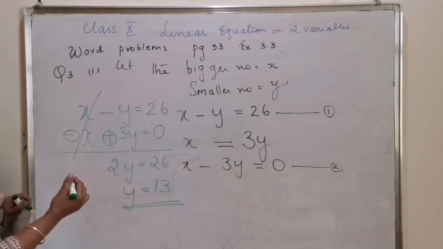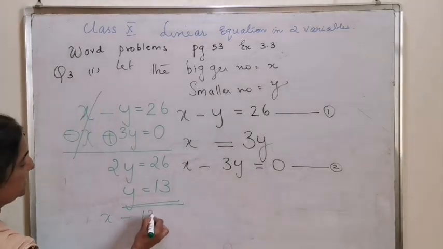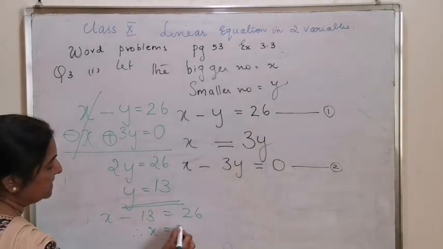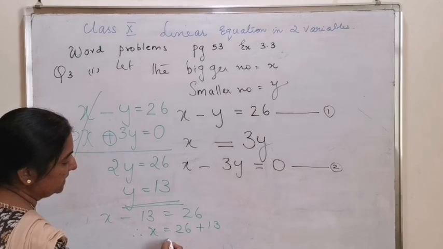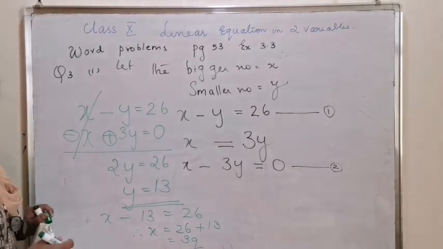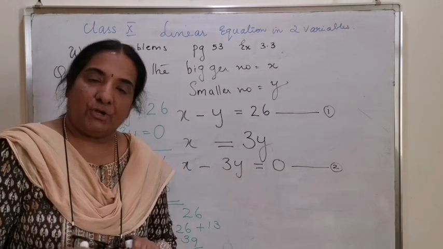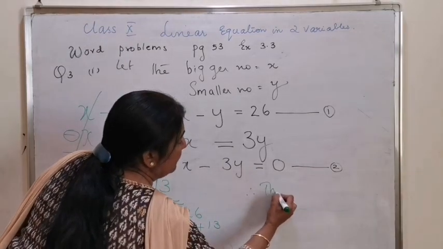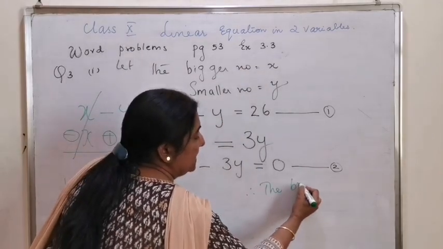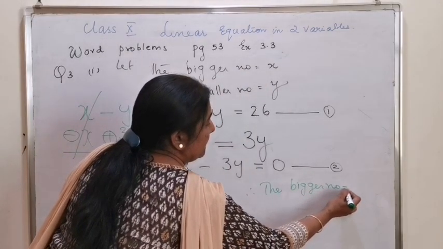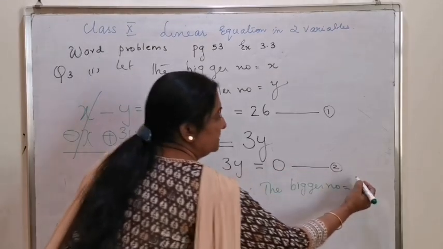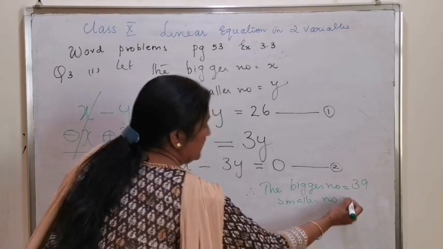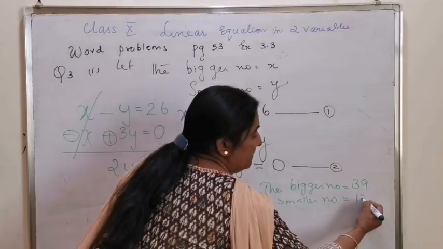Substitute in one of the equations, x minus 13 is equal to 26, or x is equal to 26 plus 13, 39. In word problems, you should always rewrite the statement. Therefore, the bigger number is equal to 39, the smaller number is equal to 13.